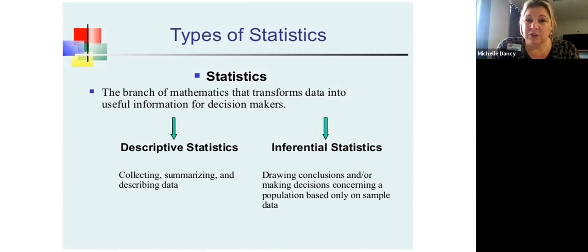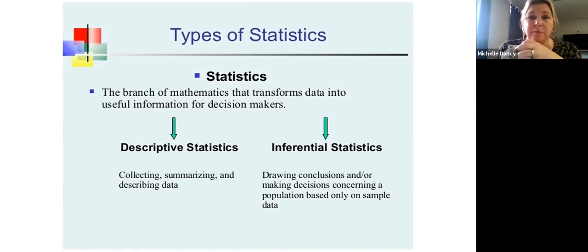versus inferential, which takes it a step further. We draw conclusions, we make decisions, we come up with how we would describe a whole group of people based on the information we got from just a small part of that group.